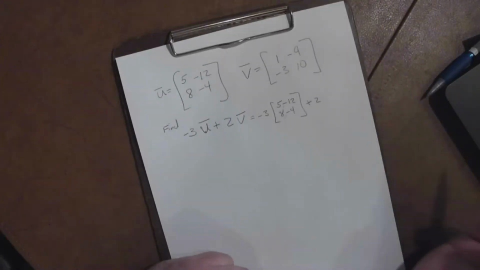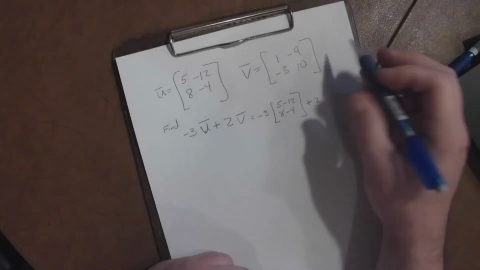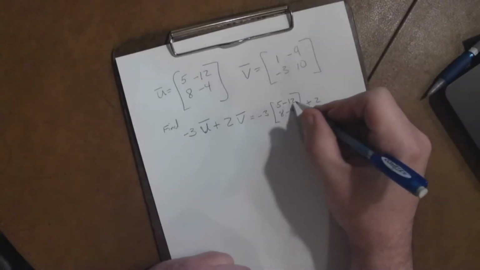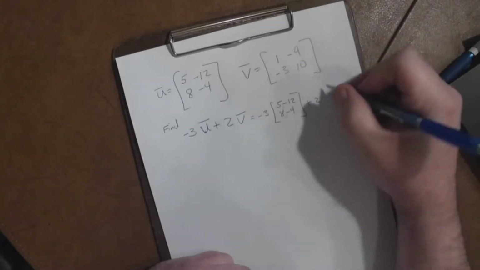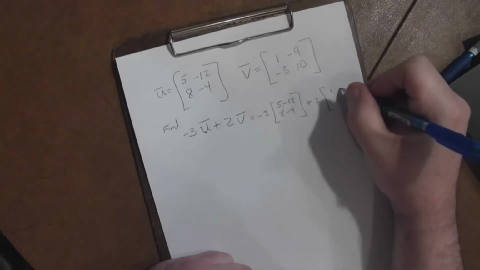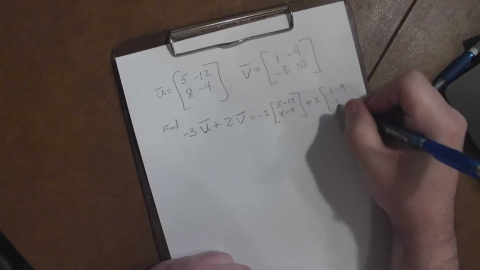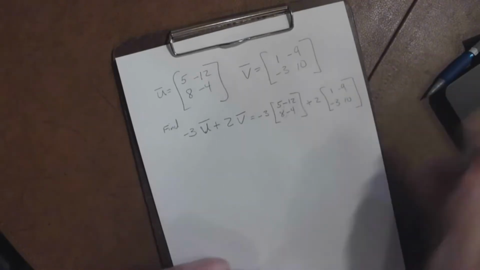Make sure that you are separating the terms in each of your columns here, right? That's not 5 minus 12. This is not 8 minus 4. These are two separate values. But this is plus 2 times this matrix V here, where this is 1, negative 9, negative 3, 10.